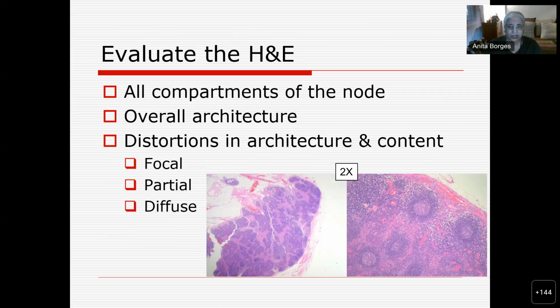So you have the capsule, you have the subcapsular sinus, and I'm sure that some people sitting in the audience will say, we have to look at the cortex, the paracortex, the medulla. Yes, those are compartments of the lymph node, but as you will see very soon, these are not like the cortex and the medulla that you see in a kidney.